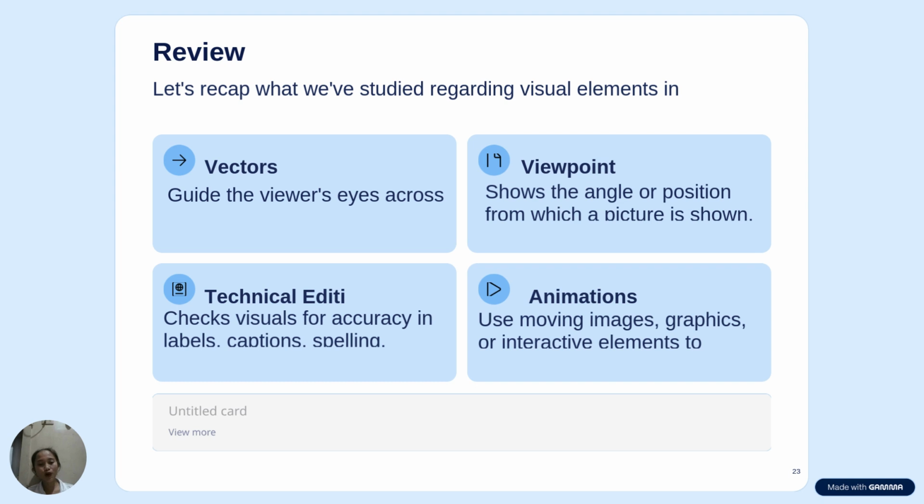So let's review or recap what we've studied regarding visual elements in informational text. So again, visual elements are the images, diagrams or graphics that help us readers understand information in a text.